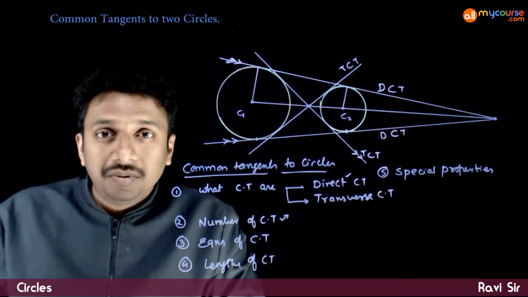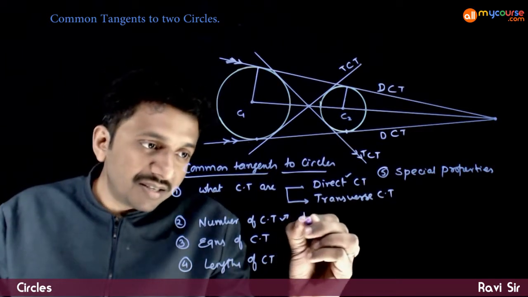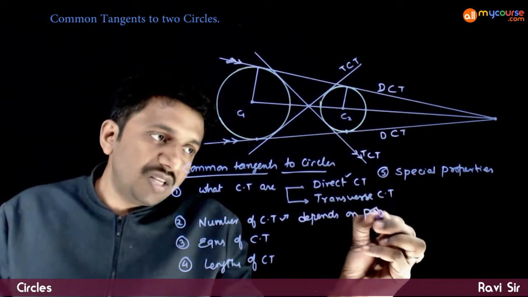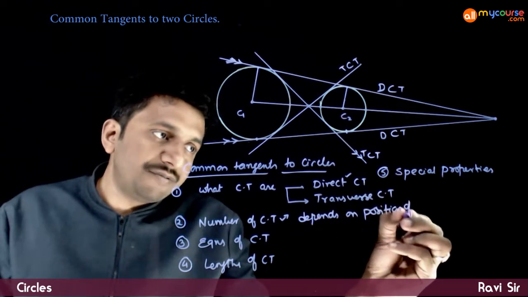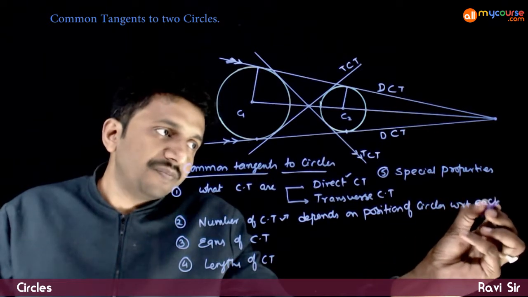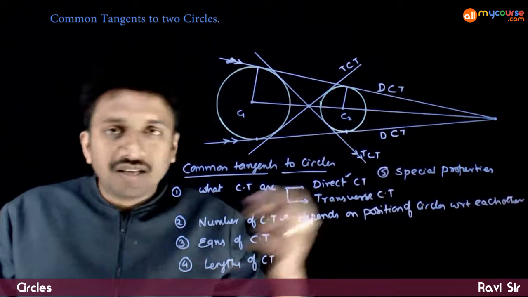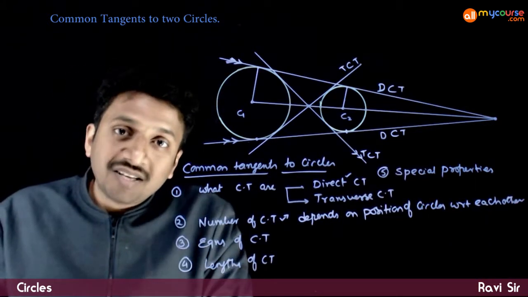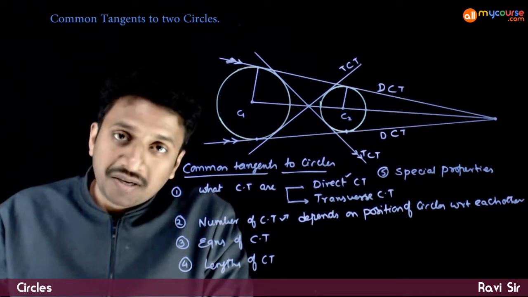No. The number of common tangents depends on the position of the circles with respect to each other. There are different cases where the number of common tangents changes. So let us look into that.